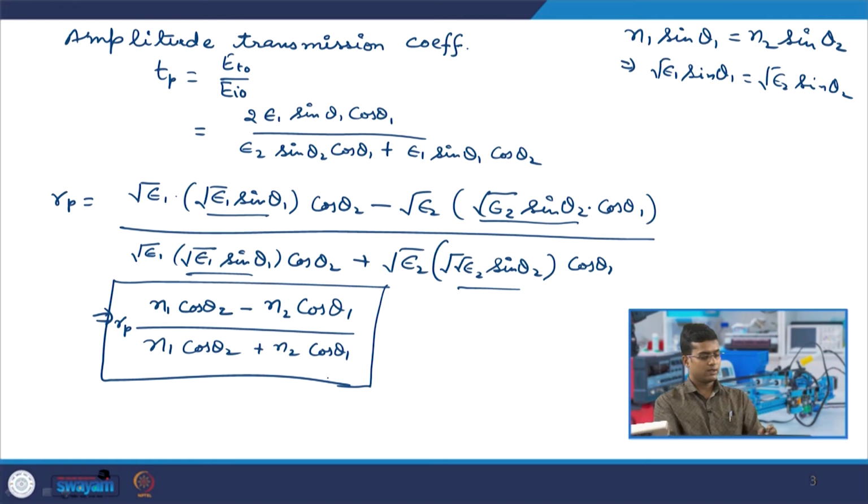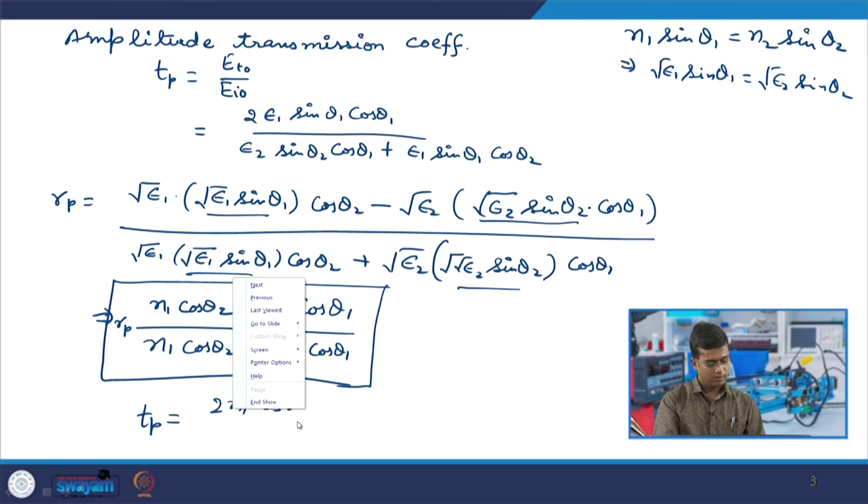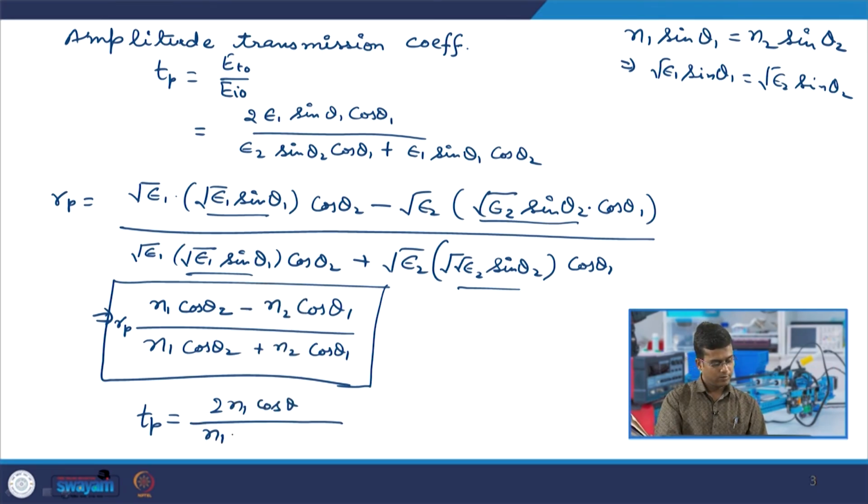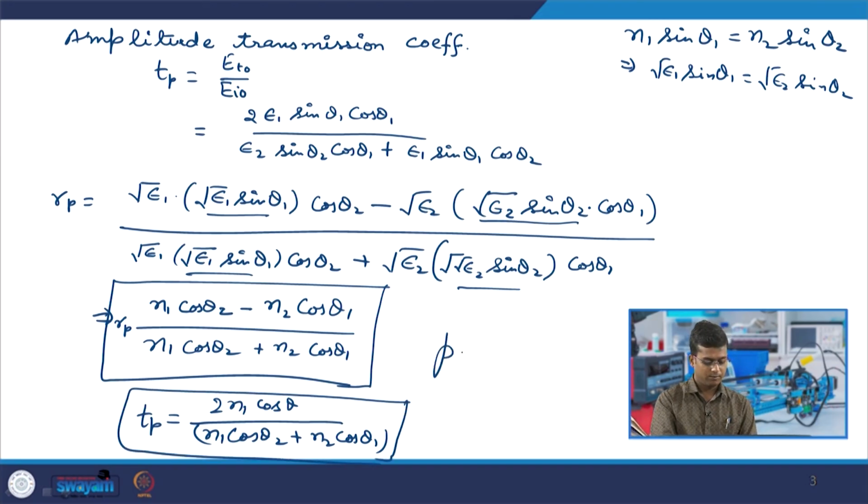Similarly, you put all these things in Tp and you get Tp is equal to 2n1 cos theta 1 divided by n1 cos theta 2 plus n2 cos theta 1. So, these are the Fresnel coefficients for p polarized light.